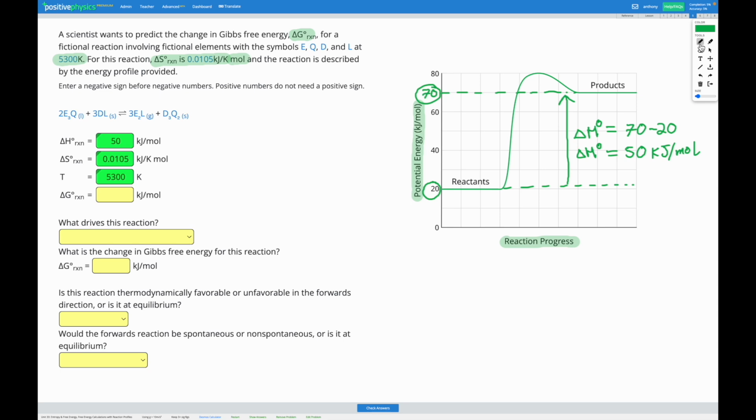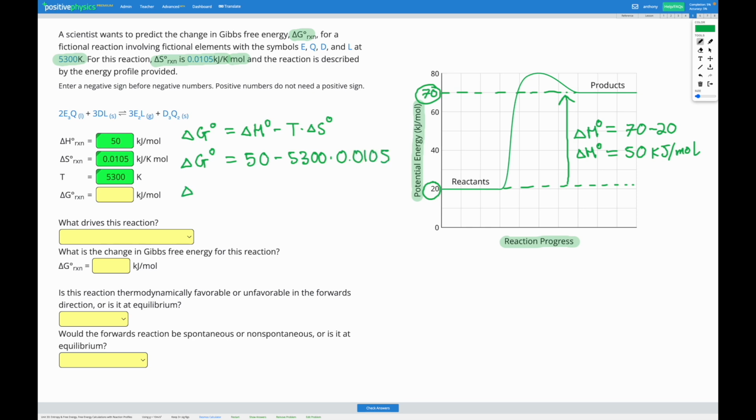So we've got delta G naught is equal to delta H naught minus T times delta S naught. So this is already arranged for delta G naught, so we can go ahead and put in our numbers. Delta H naught, our enthalpy change was 50, minus our temperature, which is 5,300, multiplied by delta S naught, our entropy change, which was 0.0105.